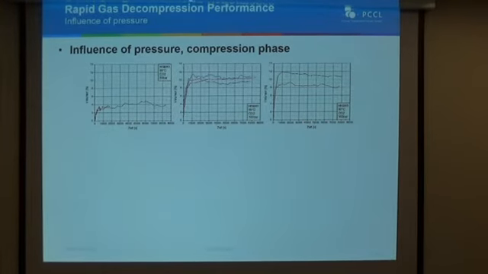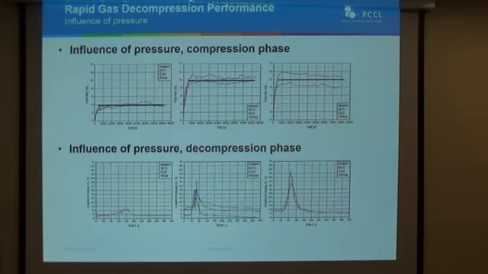When we look at typical curves that we observed during the measurements, we see for the compression phase and the increase of pressure that with increasing pressure, with 50 bar, 100 bar, 150 bar, the volume rises.